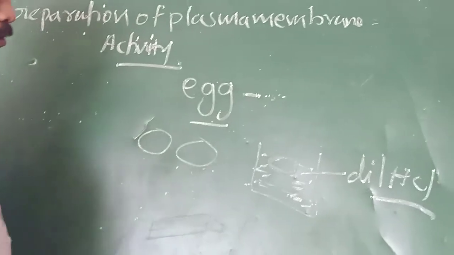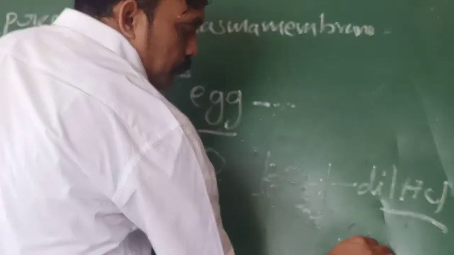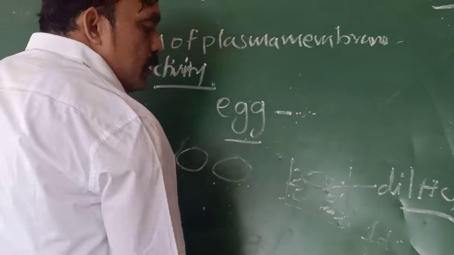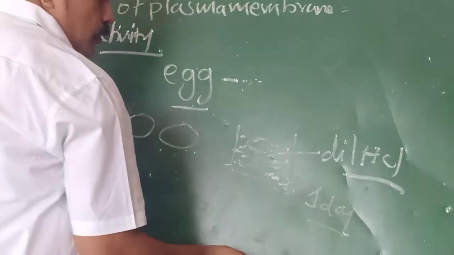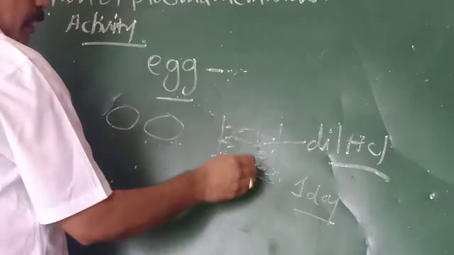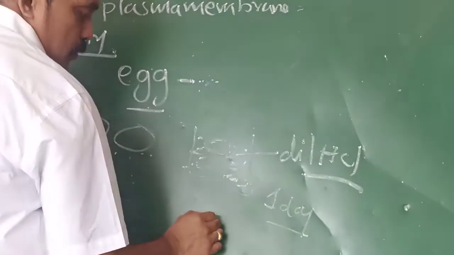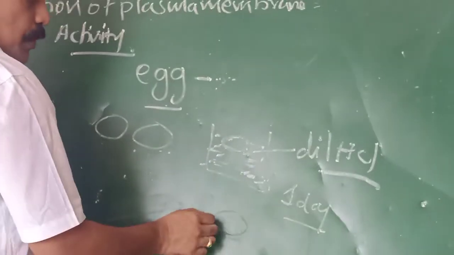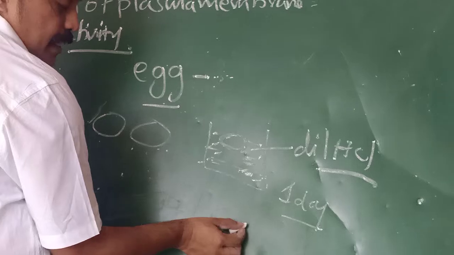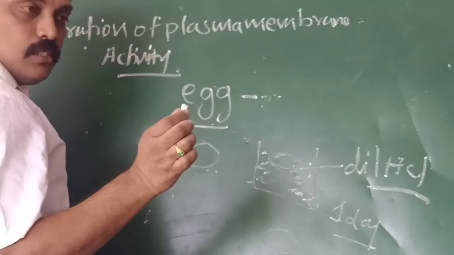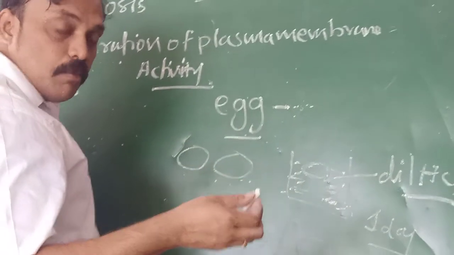How many days? At least 1 day. On the second day, using a fork, you have to separate the egg. We observe this the next day, after 24 hours, maybe sometimes it takes more time also.